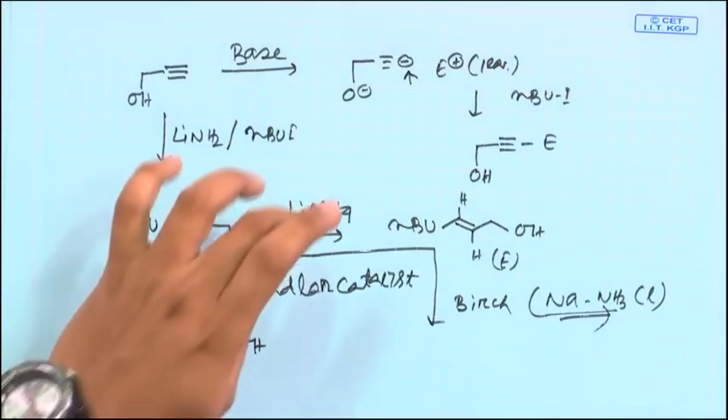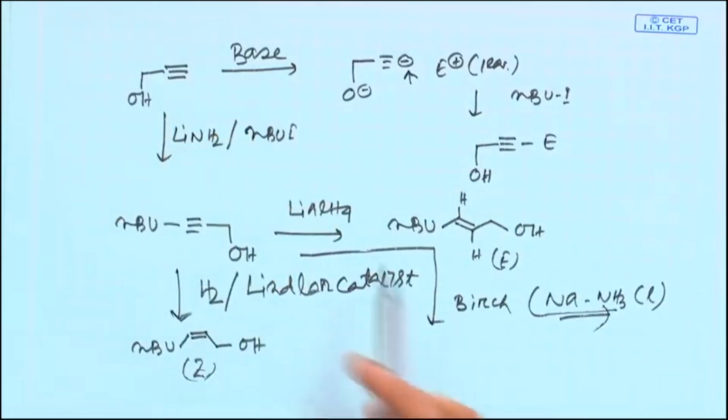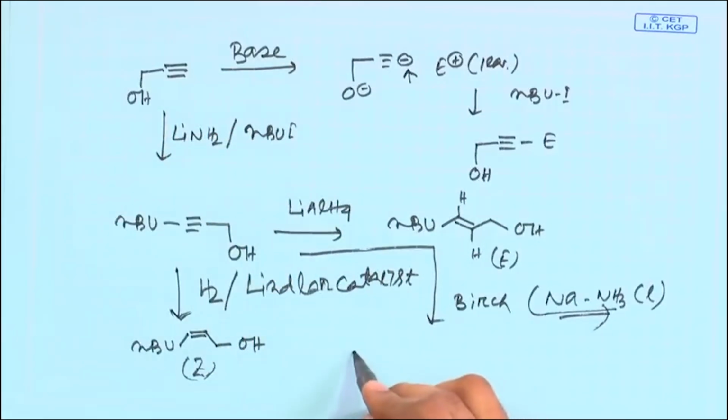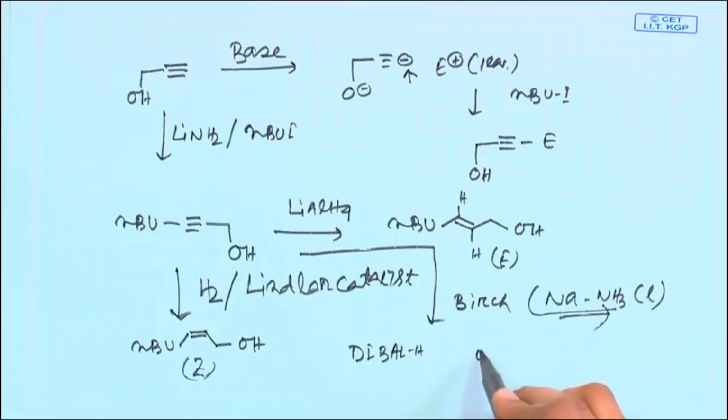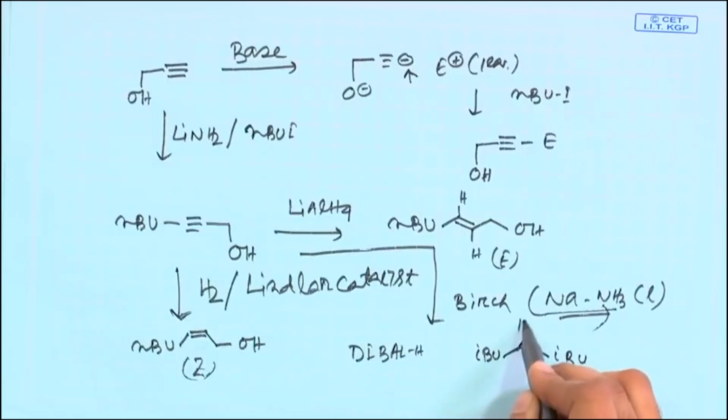And for the reducing agent, something like an aluminum based reducing agent, let us say DIBAL. What is this? Diisobutylaluminum hydride.